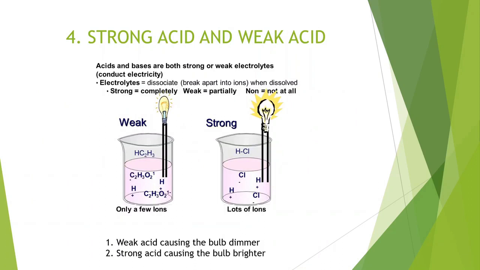In this picture, we can see weak acid causes the bulb to be dimmer, while strong acid causes the bulb to be brighter.